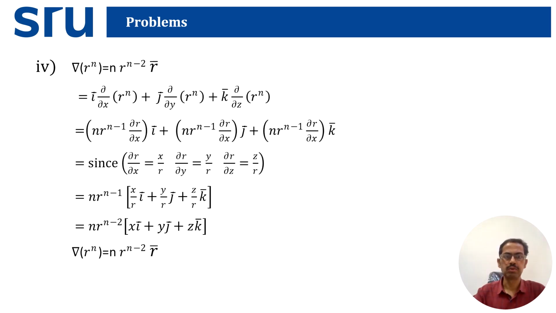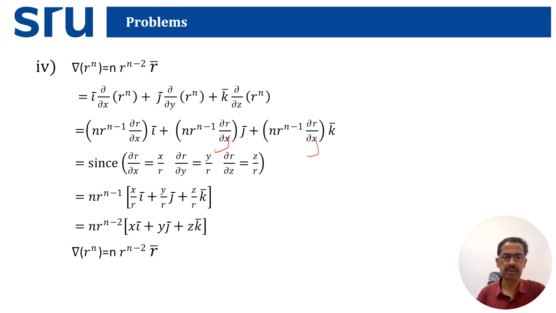The fourth one: del r power n is n into r power n minus 2 r bar. Just take del of r power n: n into r power n minus 1 dou r by dou x, with respect to y, n into r power n minus 1 dou r by dou y, and with respect to z, n into r power n minus 1 dou r by dou z.